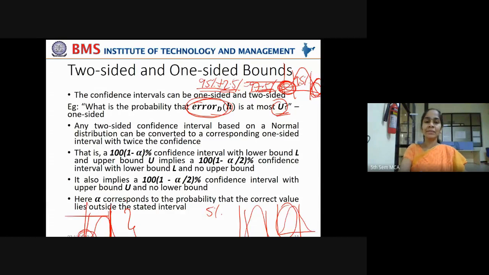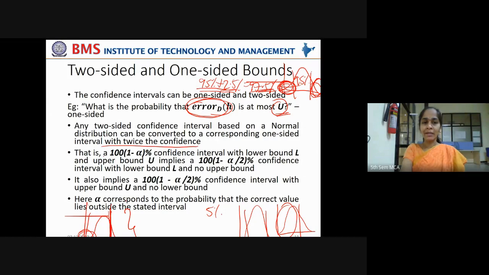Did you get this? So any two-sided confidence interval based on a normal distribution can be converted to a corresponding one-sided confidence interval with twice the confidence. Okay, so that is how you express that.